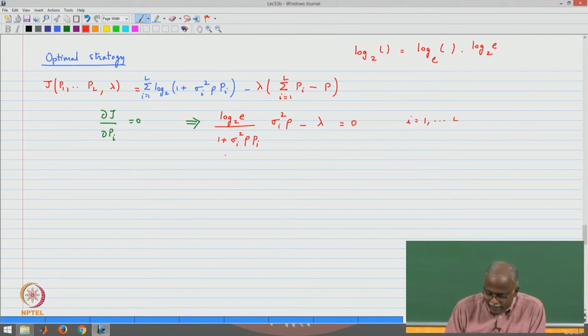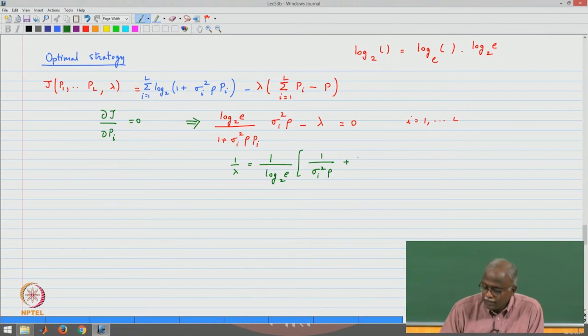So, if you were to rewrite this expression one step, we can write 1 over lambda as 1 by logarithm e base 2 times 1 by sigma I squared times rho plus pi. Okay, that is, you can write down an expression for lambda. Our intention is to get the values for pi.